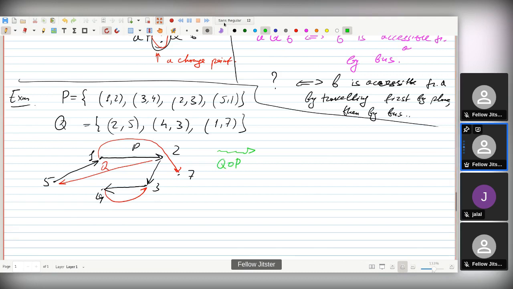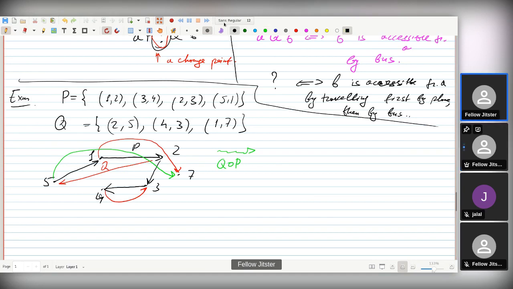Where from? Okay, let us consider every point. Say 5. Where to can I get from 5 first by black, then by red arrow? 5, 1, 7. From 5, I can get to 7. Is it clear?